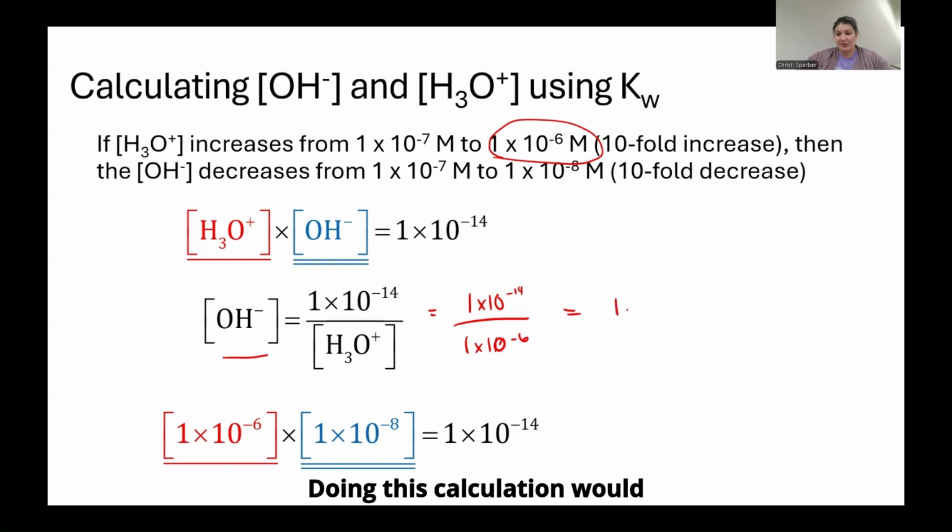Doing this calculation would equal 1 × 10⁻⁸ as the hydroxide concentration. We have our new hydronium ion concentration, 1 × 10⁻⁶, times 1 × 10⁻⁸, and it still equals that constant 1 × 10⁻¹⁴.